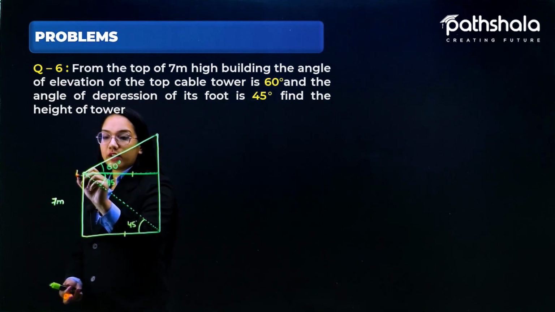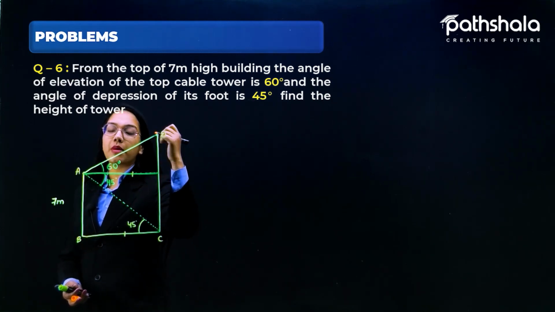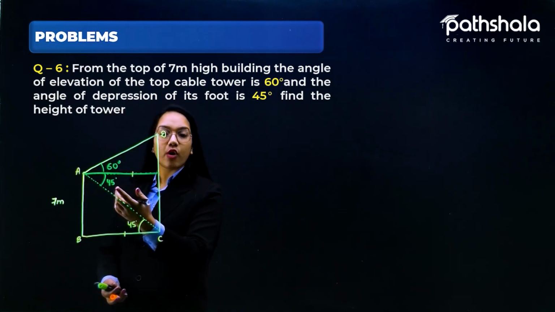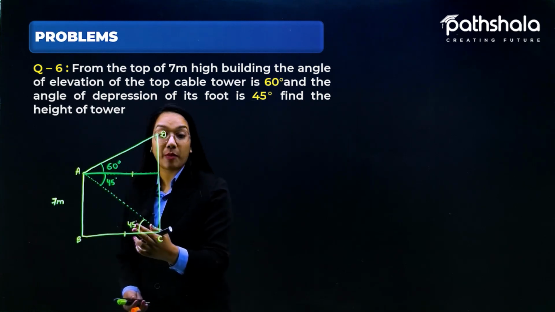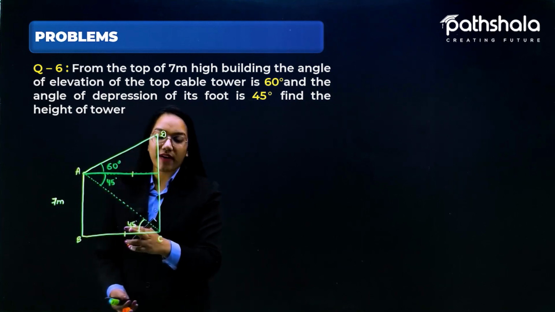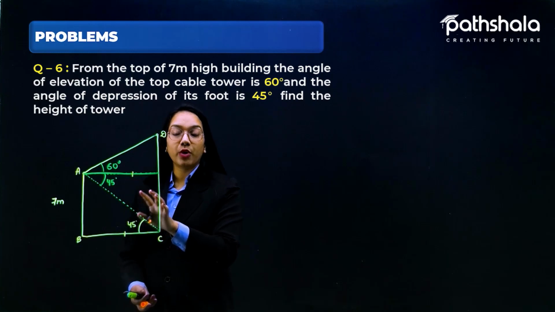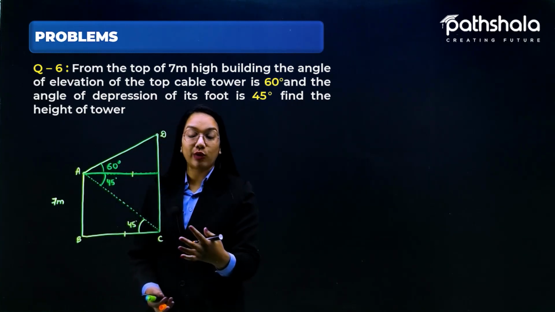Let us suppose this is my A, this is my B, this is my C, this is my D. Always remember, in the case of the angle of depression, we use the concept of alternate interior angles: if this angle is 45, then this angle is also 45.